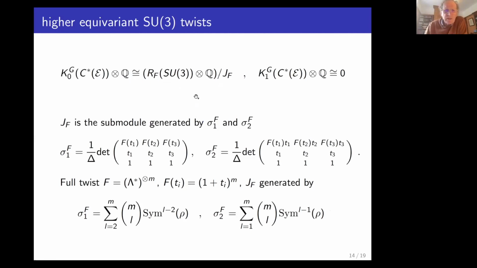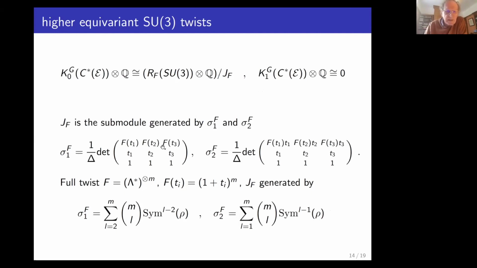This is the computation over Q. I take similarly this localized K-theory for the action of SU3 on the infinite tensor product algebra. And then there's an ideal generated by 2 polynomials. In general, they look like this.